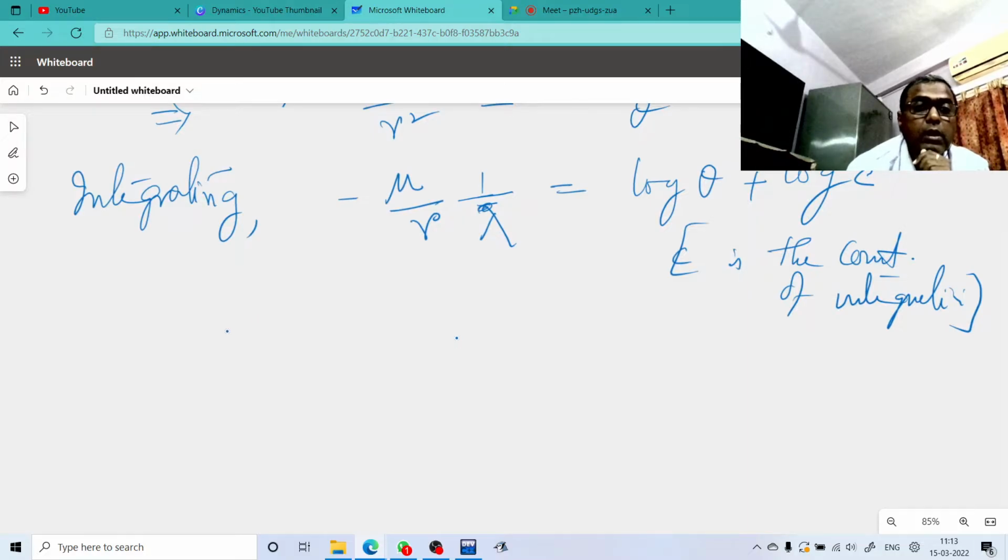After simplifying this we get −μ/(rλ) equals log of θc.